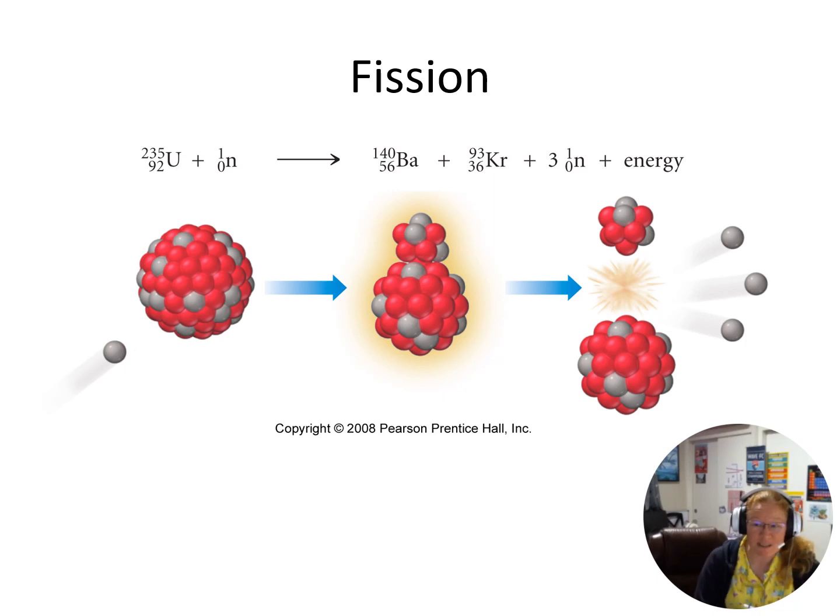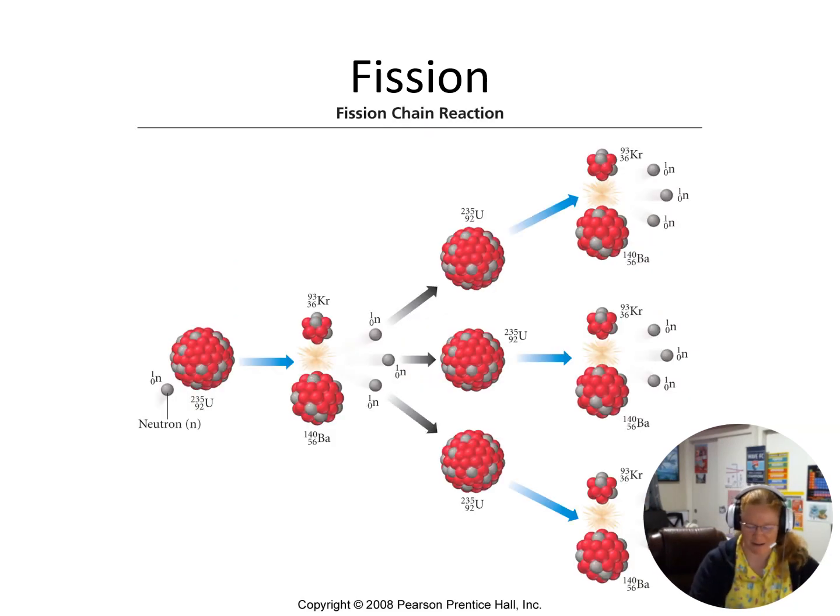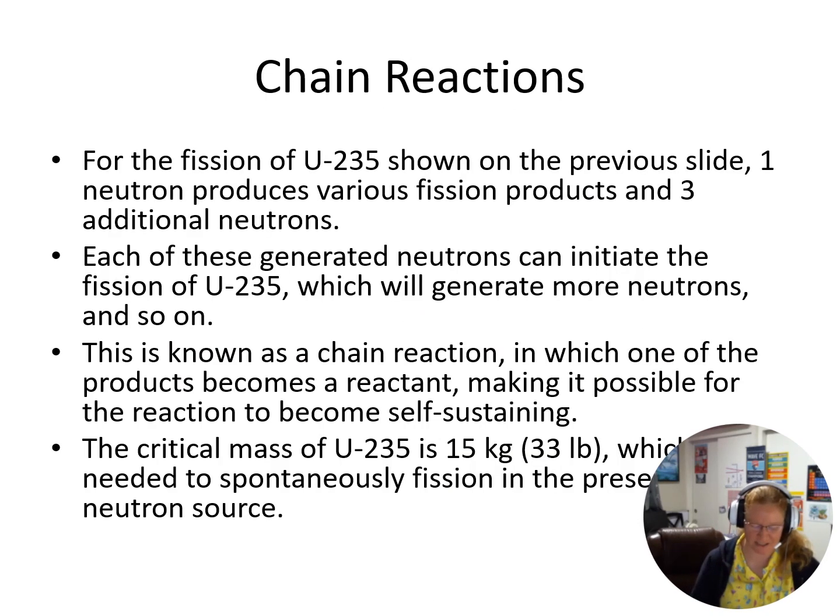Now those 3 neutrons are released. If I have more uranium around, boom. Now I'm going to get that chain reaction where I'm going to slam those 3 neutrons into 3 more uranium-235s. Now I'm going to get more barium, more krypton, and even more neutrons. Again, that's what we call a chain reaction.